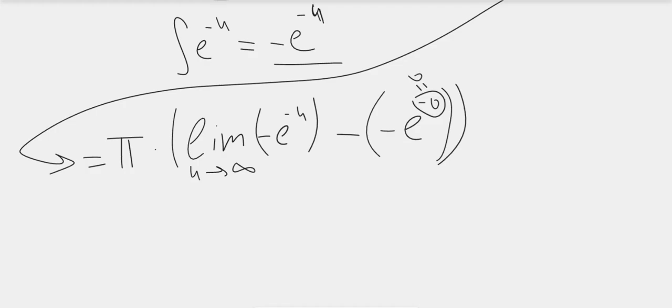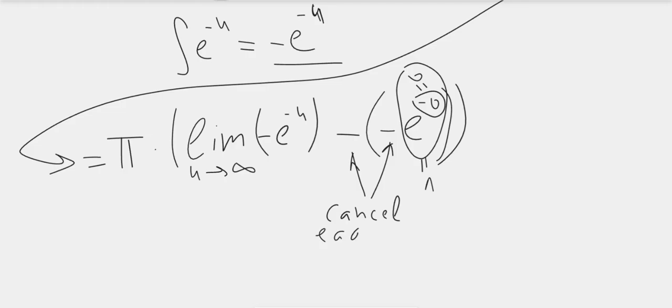Now e to the power 0 is 1, so this evaluates to 1, and these two minuses cancel each other.